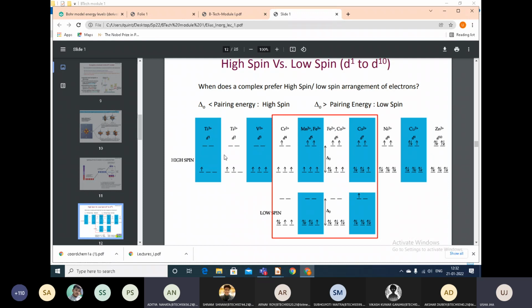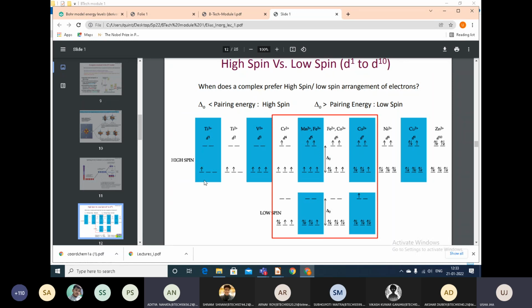Any complex will be a high spin complex if it has more unpaired electrons. A low spin complex means fewer unpaired electrons.